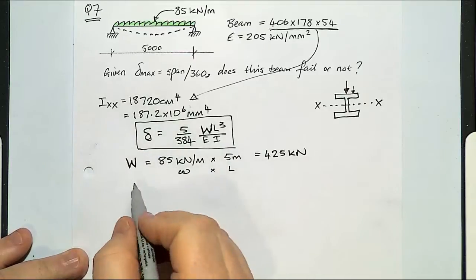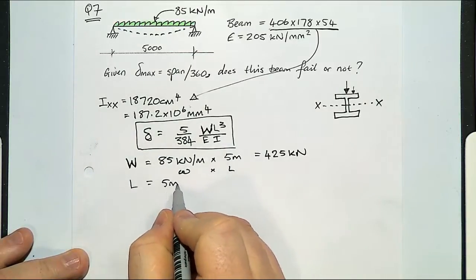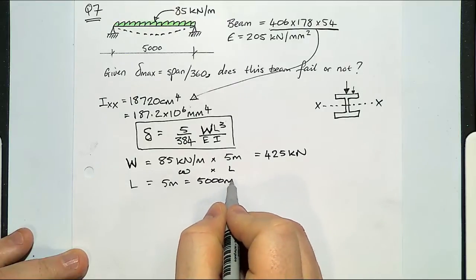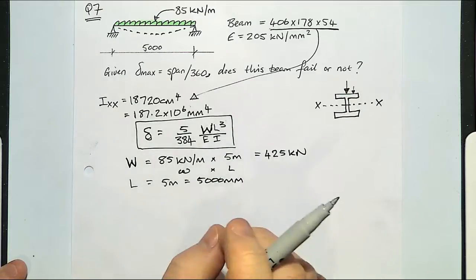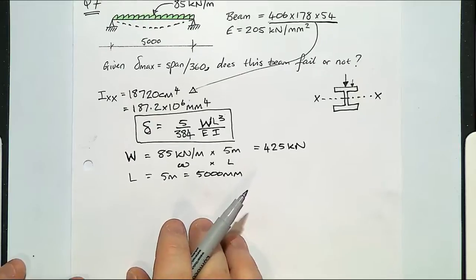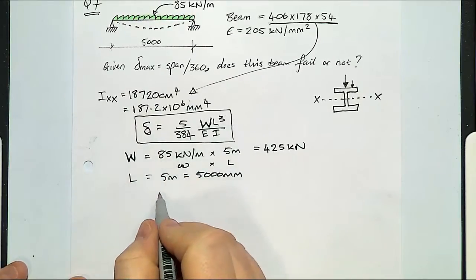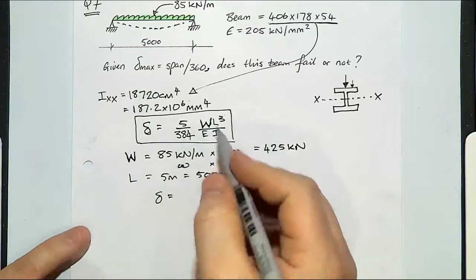And we've got our length, which is 5 metres, which is also 5,000 millimetres. So most of this information is from the question or from the tables. So if we wanted to work out what our deflection is, let's put all of our values into here.